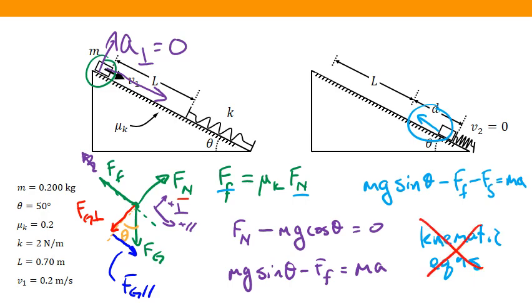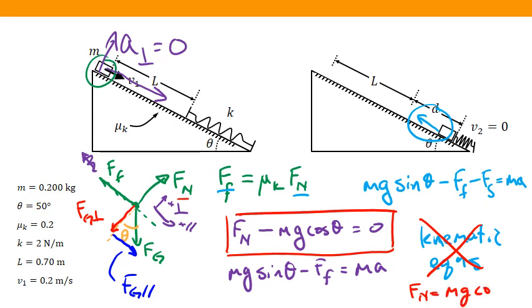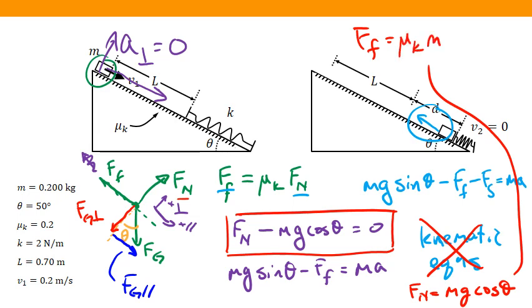But there we go. We now know what our normal force is. I just rearrange this one and I find out that my normal force is equal to mg cosine of my angle. And so coming up here, that means my friction force is equal to the coefficient of kinetic friction times mass times gravity times the cosine of 50 degrees.